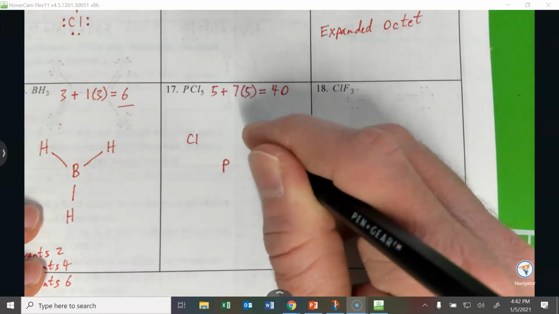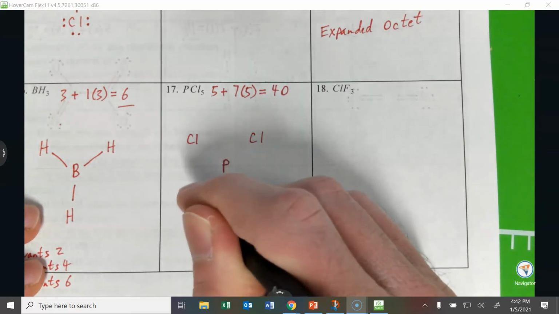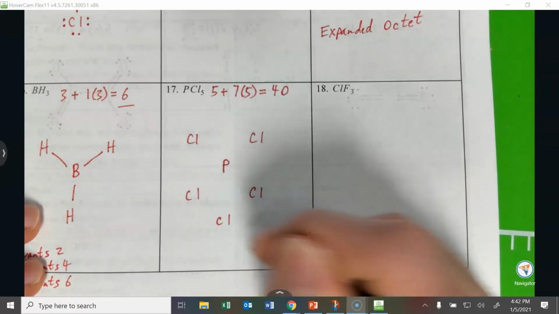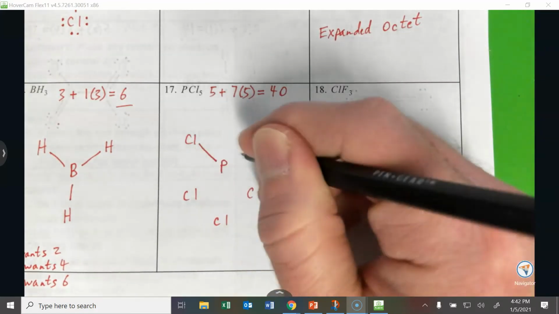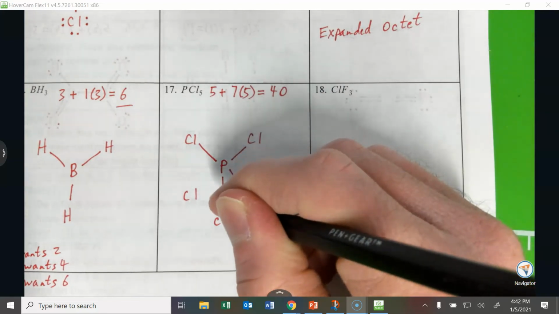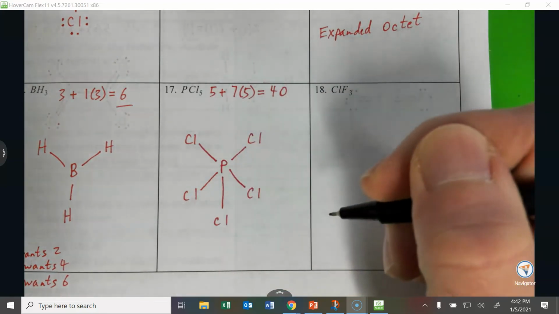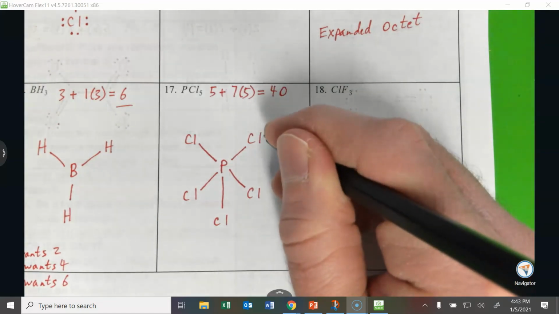Try to kind of spread them out. You could draw it some other way if you want to. We're going to connect each chlorine to the central atom. 2, 4, 6, 8, 10. I've got to get to 40.